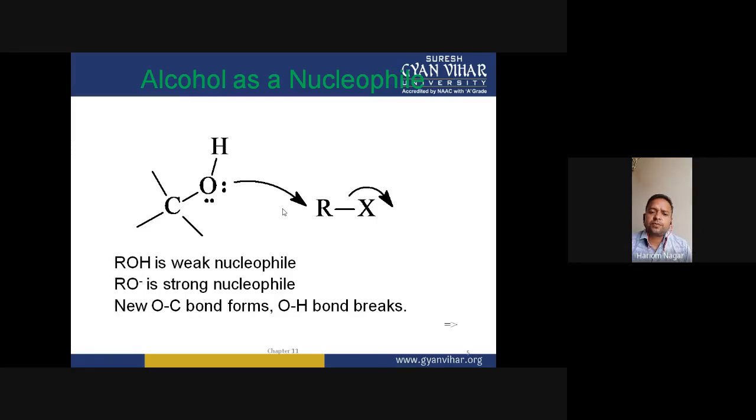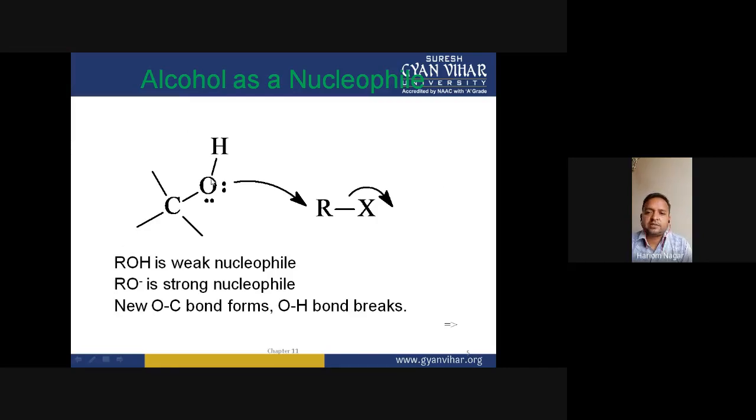And in presence of a stronger acid than the alcohol, this alcohol acts as a base, okay? So which reagent, either base or acid, is reacting with the alcohol can change the nature of the alcohol. That's the reason why alcohol may act as acid or as base also, right?